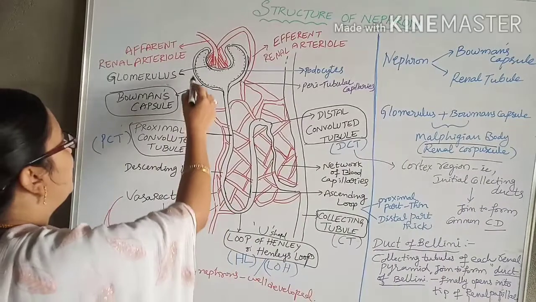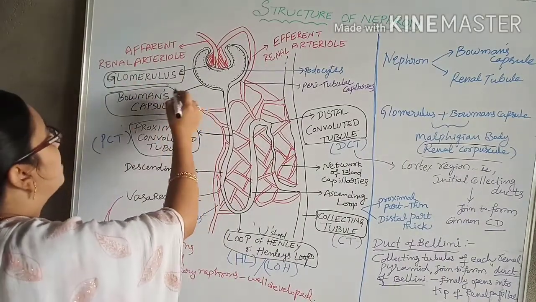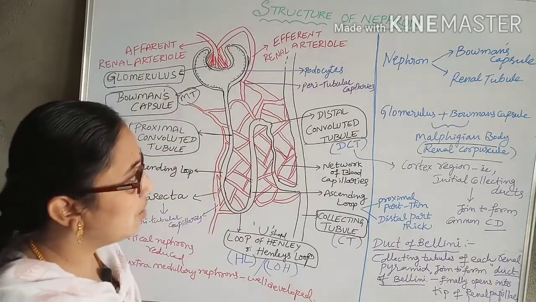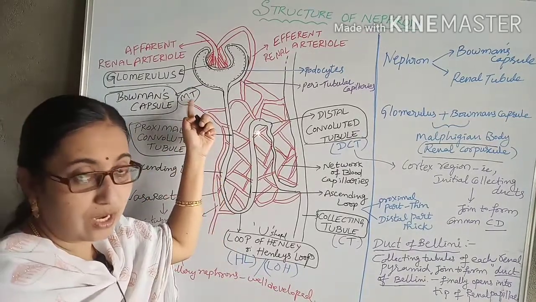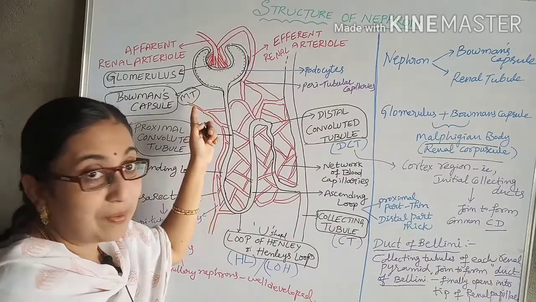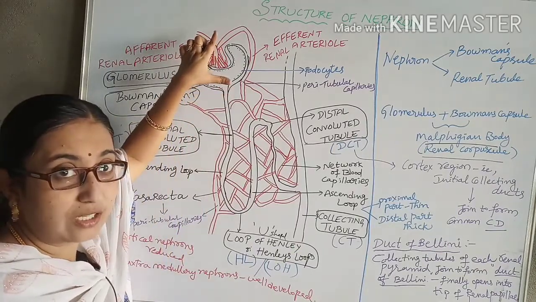So these 2 parts, Bowman's capsule and glomerulus, together are called Malpighian tubule, Malpighian body or the renal corpuscle.